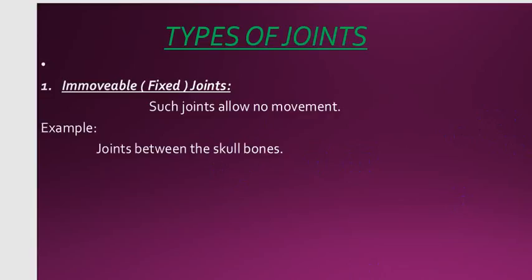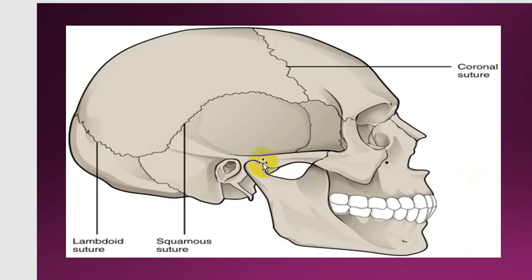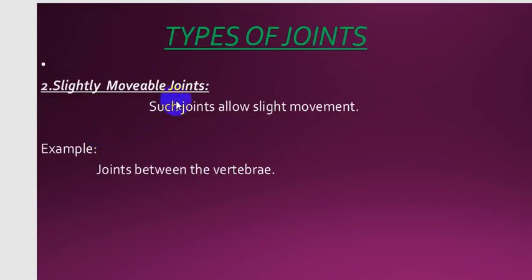You can see from the diagram: the squamous suture, the lambdoid suture, and the coronal suture. These are joints of your skull, joining different bones, and they are technically fixed and do not allow any movement.